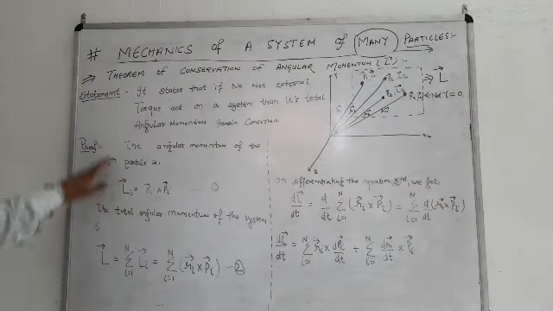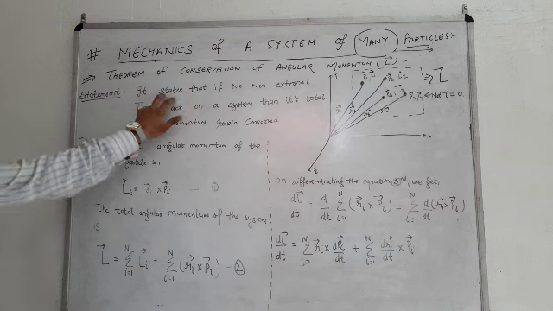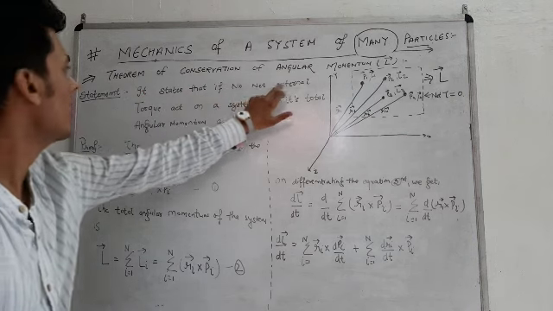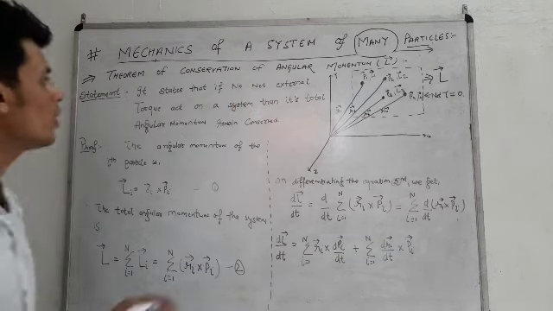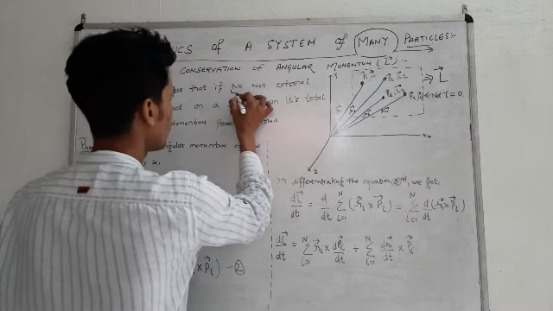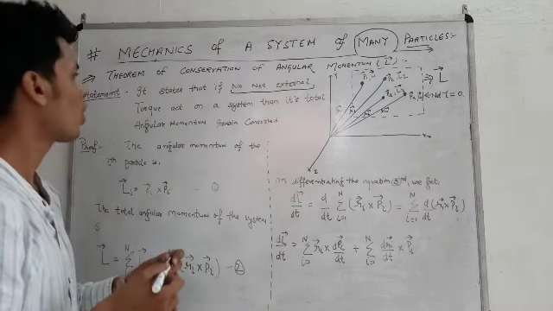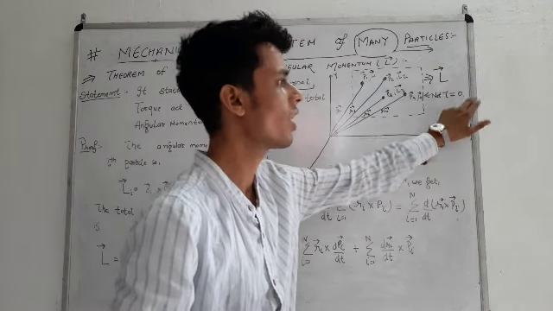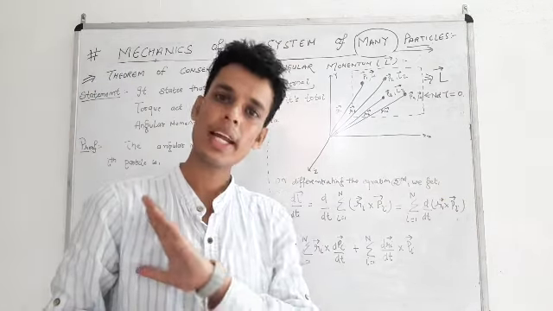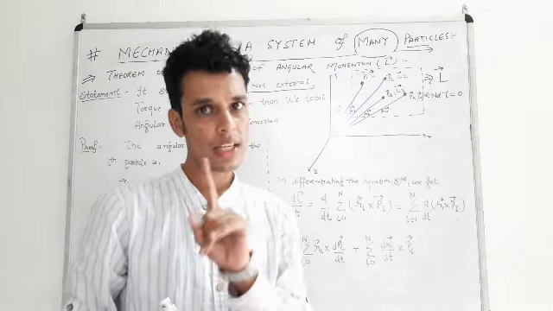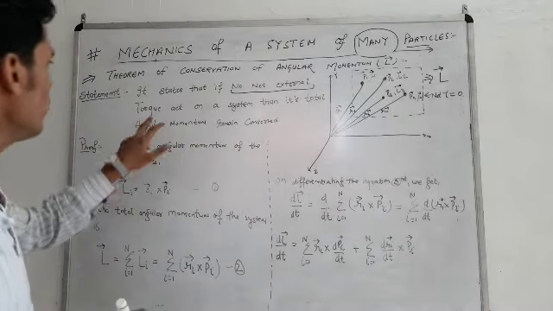So we start with the statement. It states that if no net external torque acts on a system, then its total angular momentum remains conserved. The thing we need to focus on is that no net external torque means either we are not applying any kind of torque or the vector sum of the torques is equal to 0.